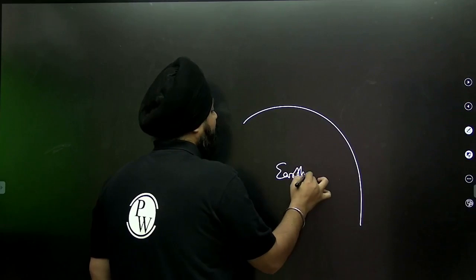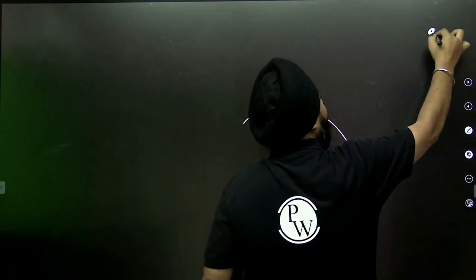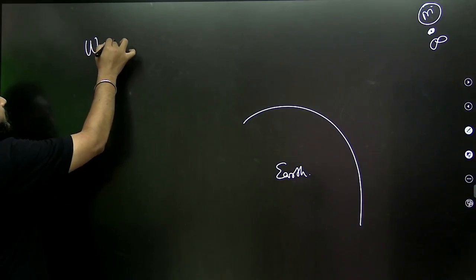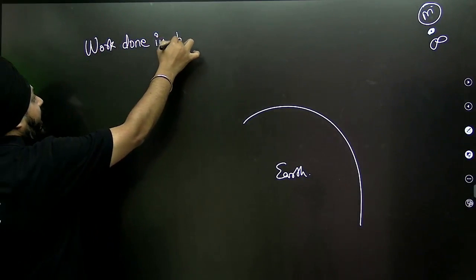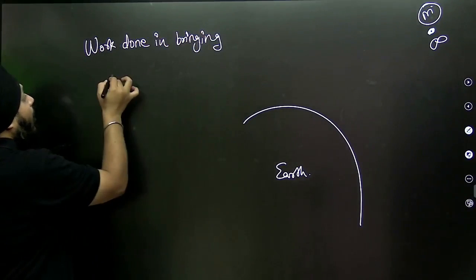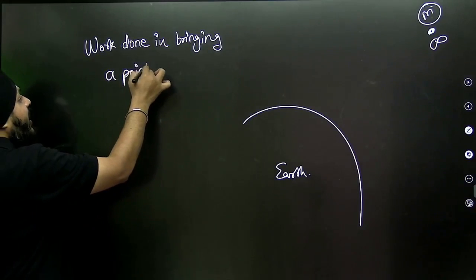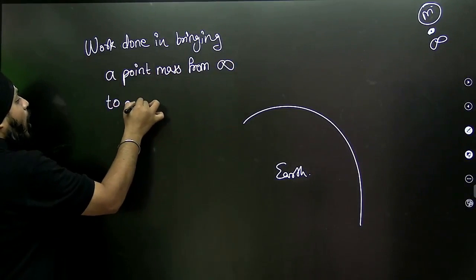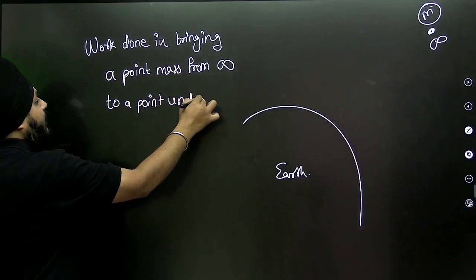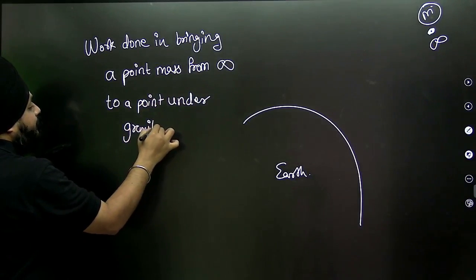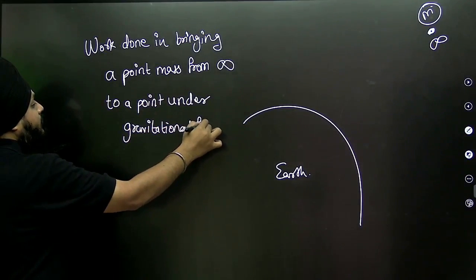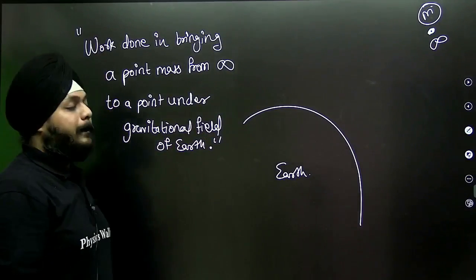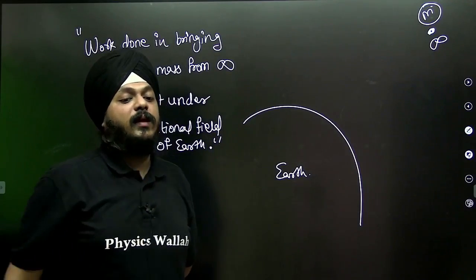Earth, infinite, test mass m. Work done in bringing a single point mass from infinite position to a point under the gravitational field of the earth, in bringing a single test mass, not n number.